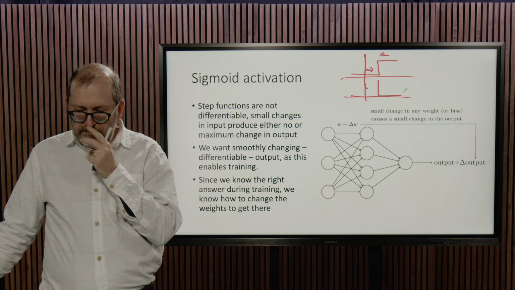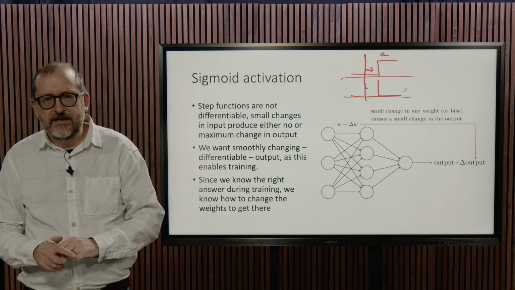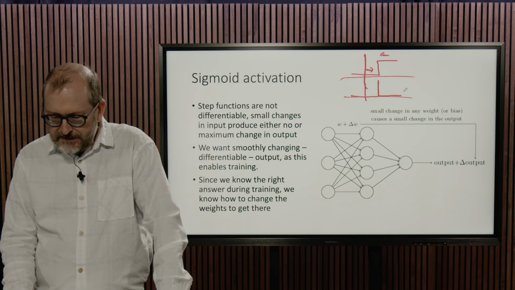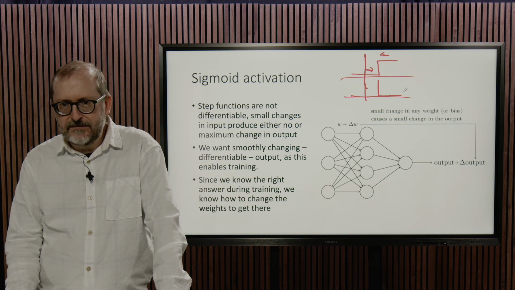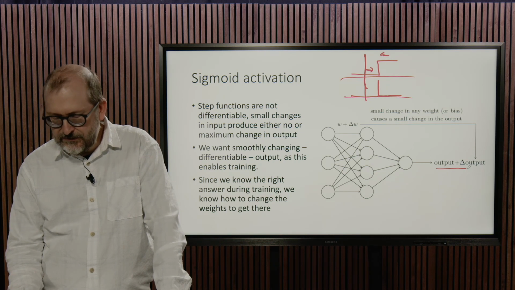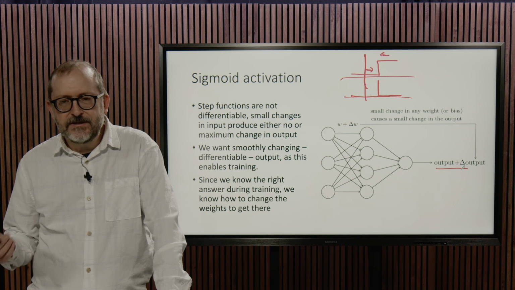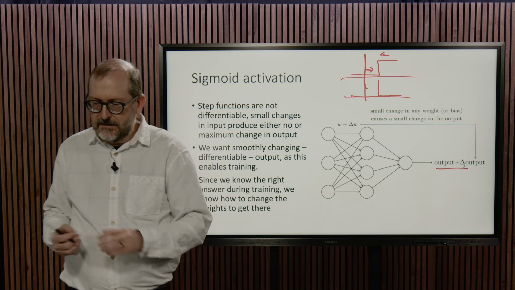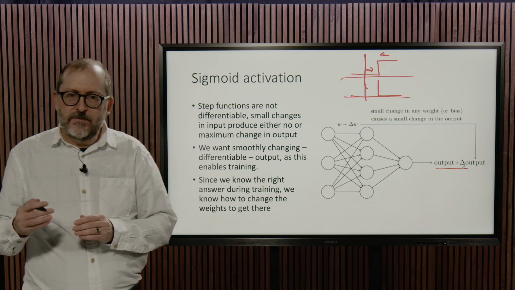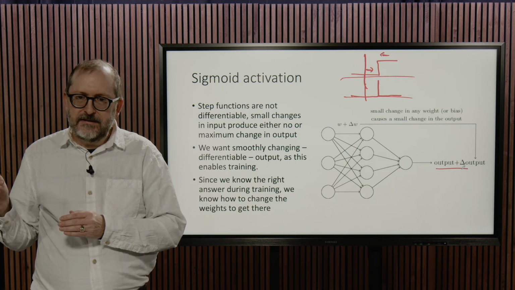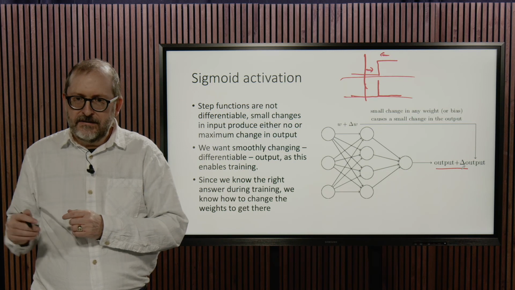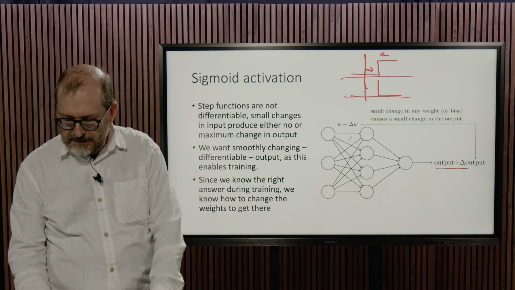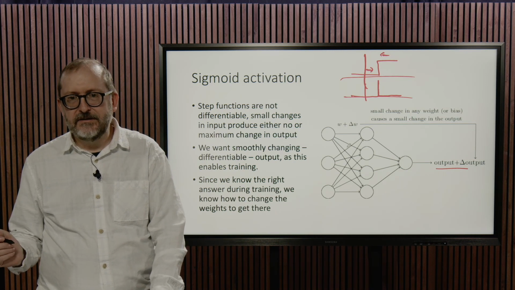And the reason we want a continuous derivative is because if we know the right answer, like we know the output we expect, which is the case when we have a training set, which we're always going to need to train a neural network, then we can look at the difference between the output we got and the output we need, and then figure out how to change these weights to get that output, right?